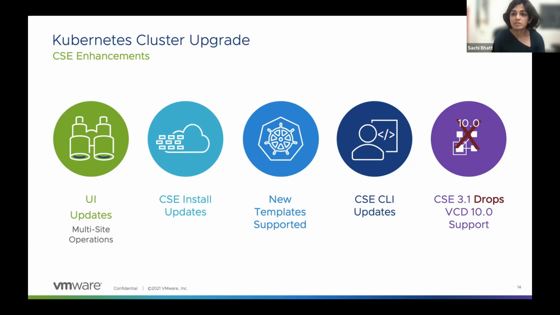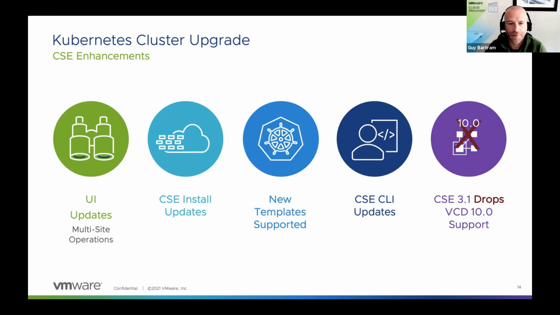Earlier, you had to navigate to each VCD cell to manage the lifecycle of the Kubernetes cluster. Now we can do it in one place. And is that for sites where there's an existing site association between the VCD cells? Yes, that is the prerequisite, that the connection has to be established.